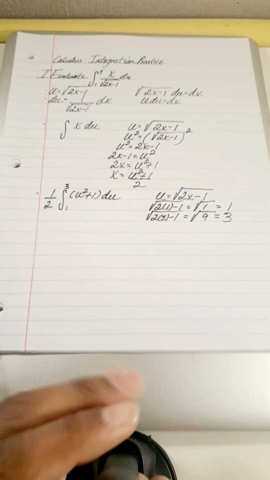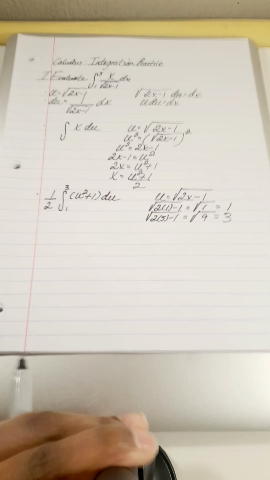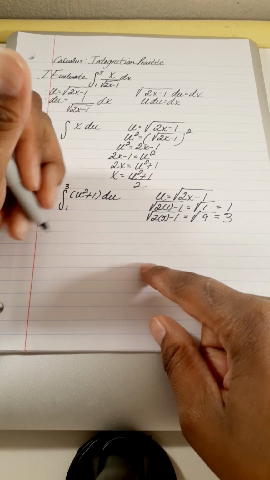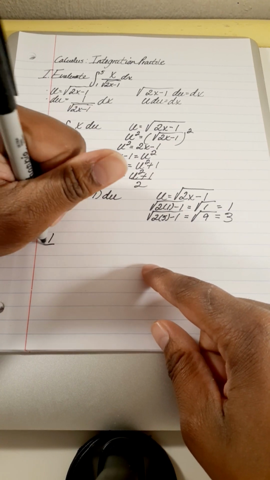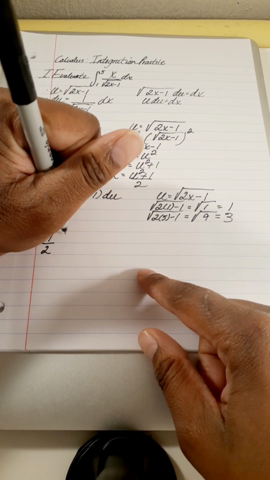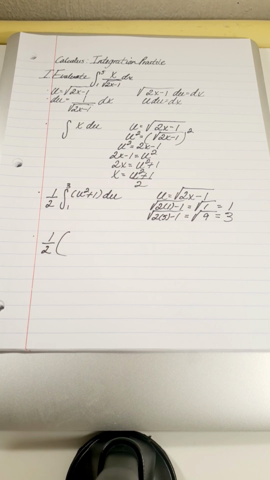Hopefully you're with me so far on that. So now all we have to do is evaluate the definite integral. From 1 to 3, we'll end up having u cubed over 3. I've got my calculator here, by the way, just to make sure my calculations are correct.